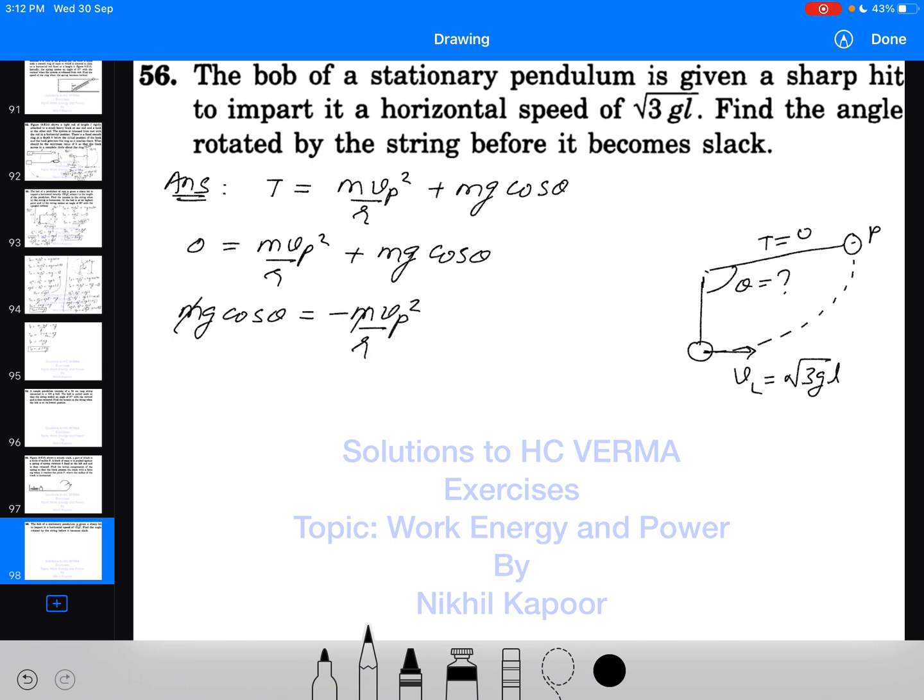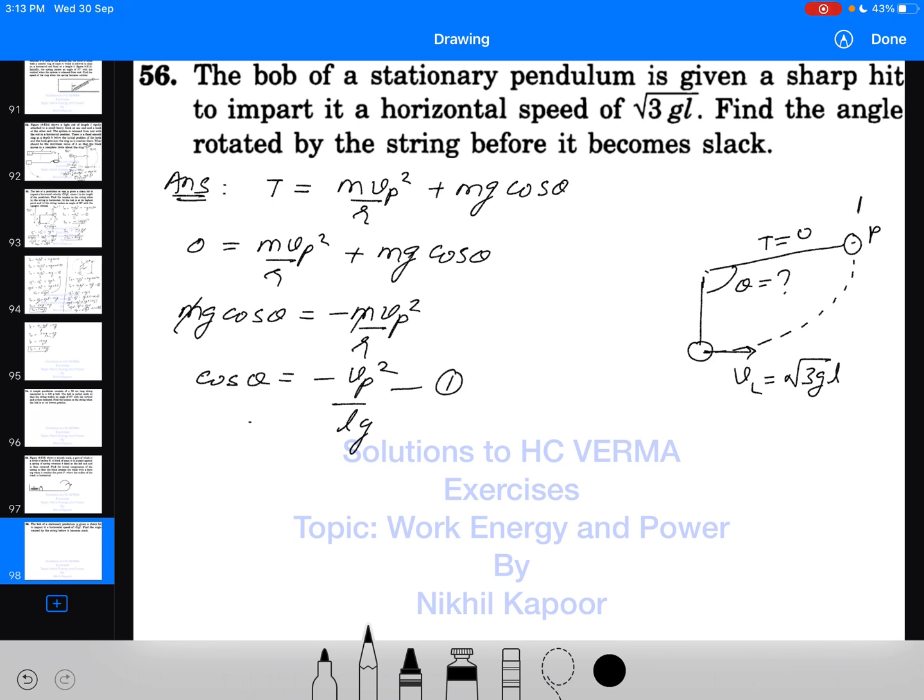The m cancels, so cos theta is equal to minus speed at point p square upon the radius, which is the length of string, into g. Let us call this equation 1.